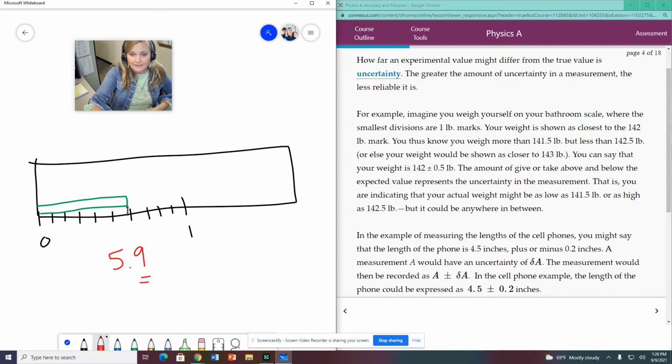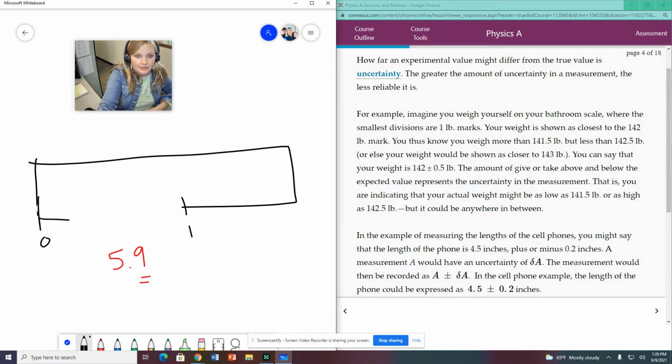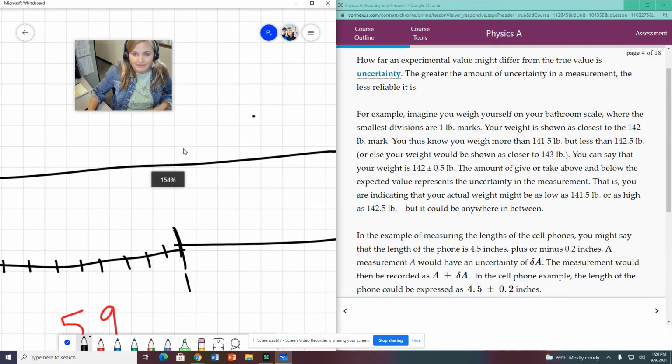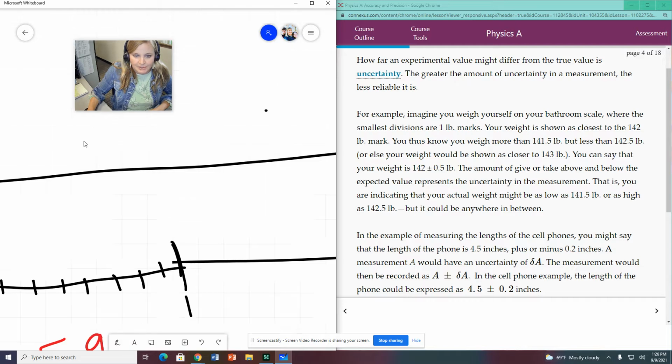Let's say instead of having 10 marks in between, I was able to have it where there were those 10. I shouldn't have erased the 10 marks, but I'm going to do it anyway. 1, 2, 3. And then in my world, I'm going to make this bigger, because I can do that.